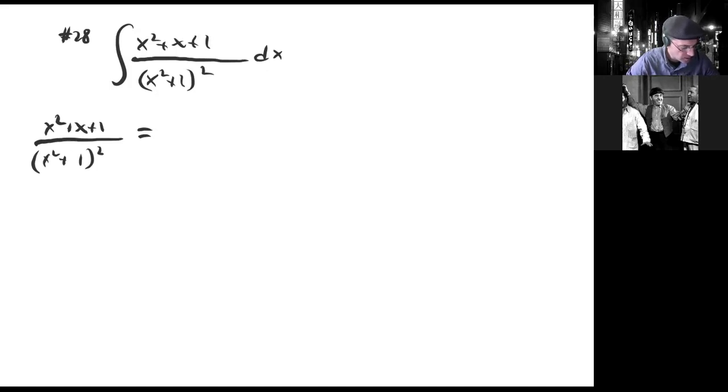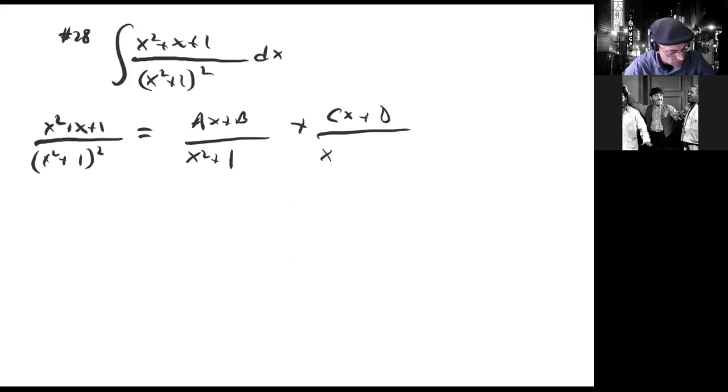So this is going to be ax plus b over x squared plus 1. It just works the same way when you have repeating factors in the linear case, except that the numerator is no longer a constant, it's a linear term. And there's going to be a cx plus d over x squared plus 1 squared.